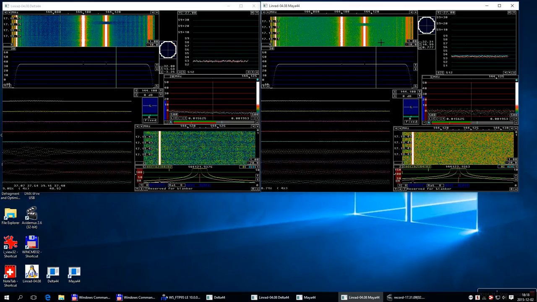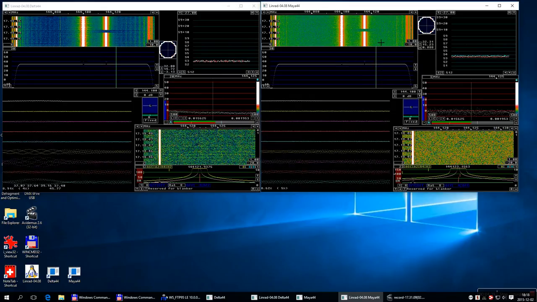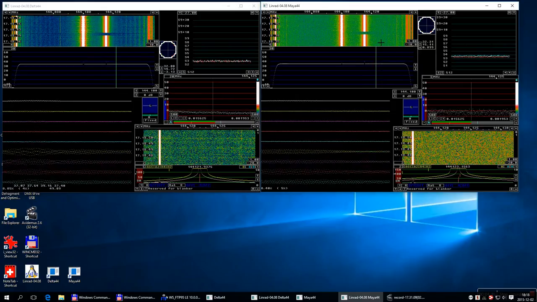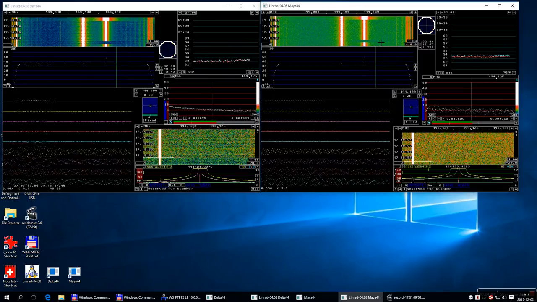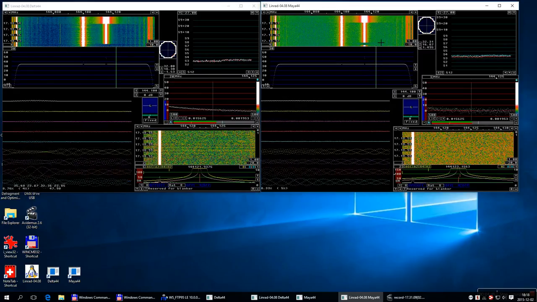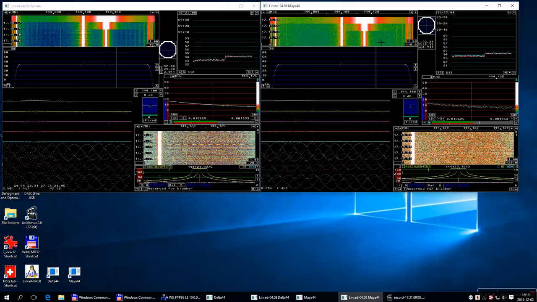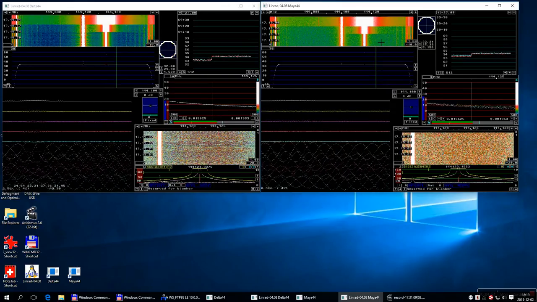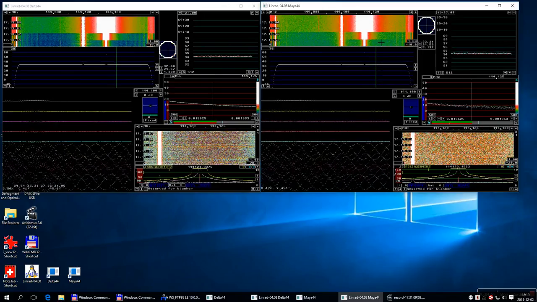If I bring up the level by 10 decibels and another 10 decibels, now we are 20 decibels above S9, and there is a significant degradation. We lost 1 S unit.